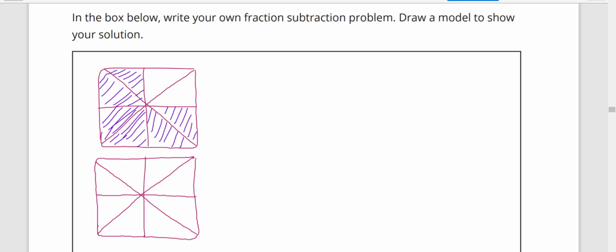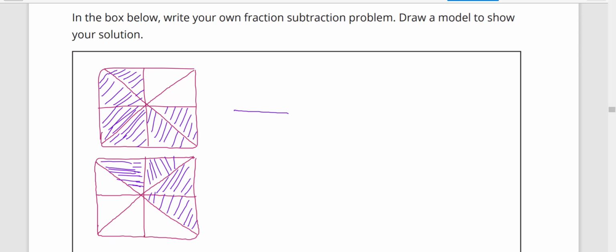And the second model, shade 4 parts. And write the two fractions.